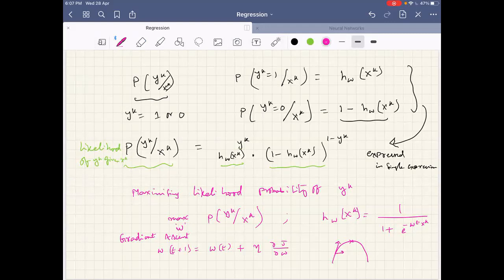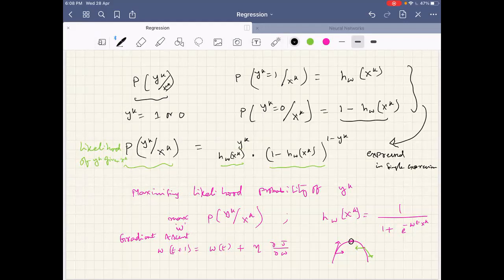If the gradient is in the positive direction, we will move in the same direction. On the other hand, if the gradient is in the negative direction, we will move in the negative direction. Thus, we reach towards the maxima after optimization. So this is what we use to update the weights when we consider the probability as the function to be optimized.